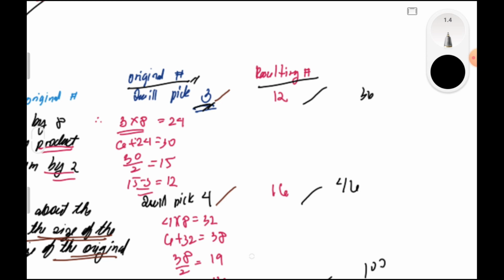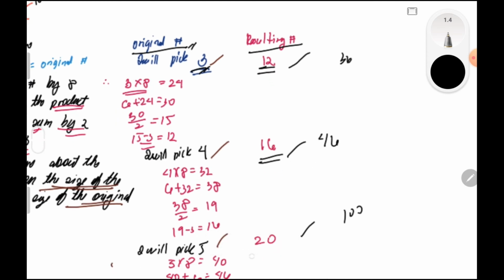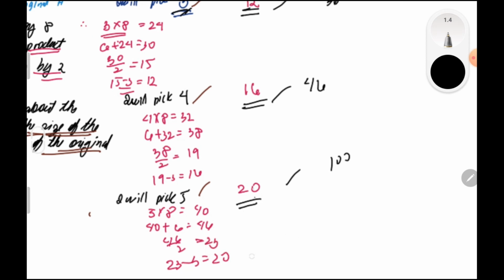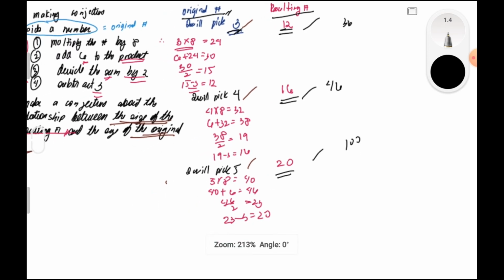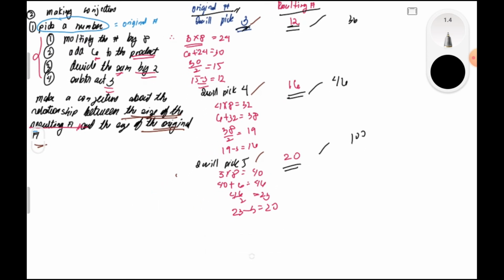Okay? So, the resulting number natin, mapapansin nyo is always 4 times the original number. Actually, marami kang makikitang relationship dyan, di ba? Okay? Between the original and the resulting number.